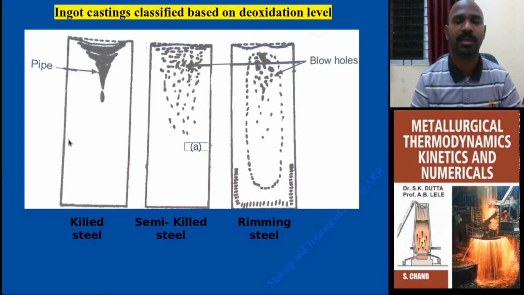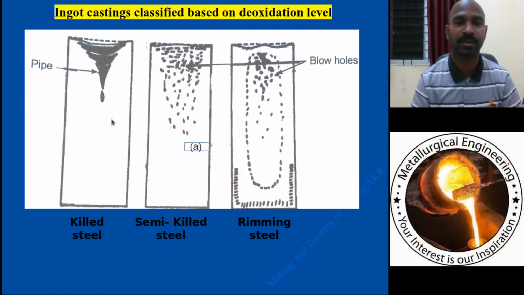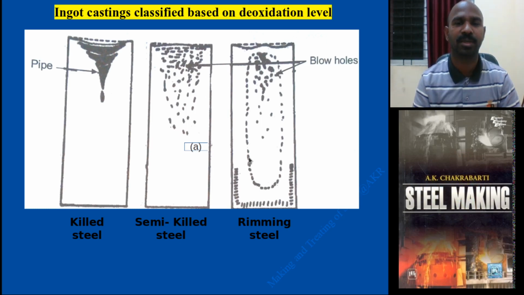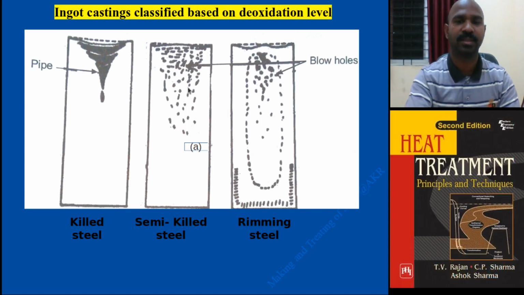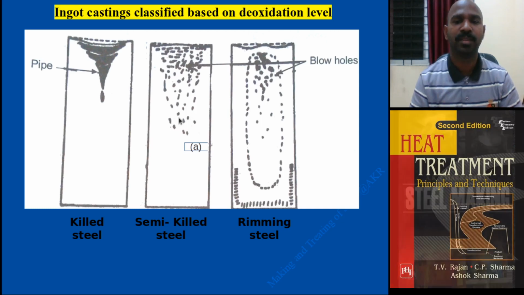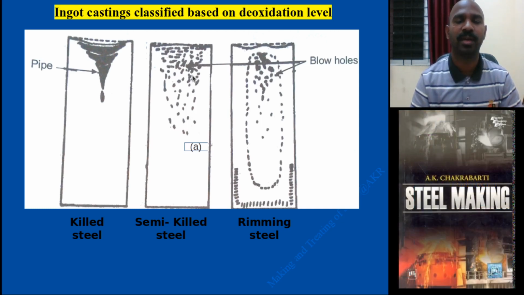The dissolved oxygen in the case of killed steel is very low, in the case of semi-killed steel it is partial, and in the case of rimming steel the dissolved oxygen is very high. Assume that these blowholes, one of the casting defects, are high. It is the dissolved oxygen which creates this kind of casting defect.